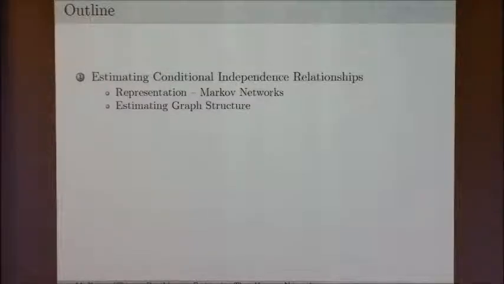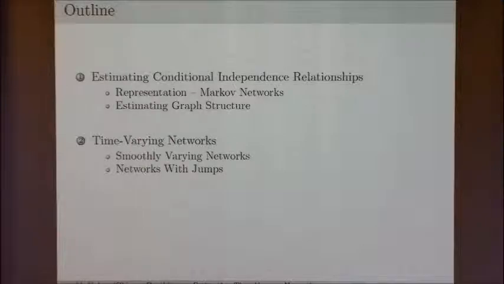So the talk is going to proceed as follows. I'm going to provide you an overview of how Markov networks are used to represent conditional independence assumptions between objects, and how we can infer these conditional independences from IID data.